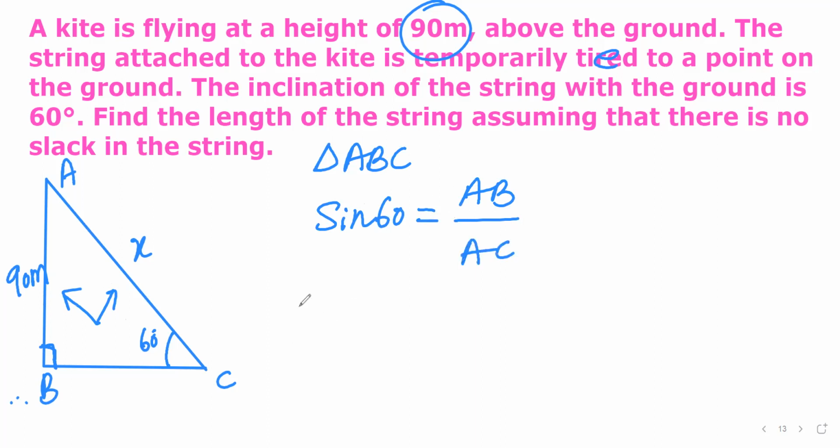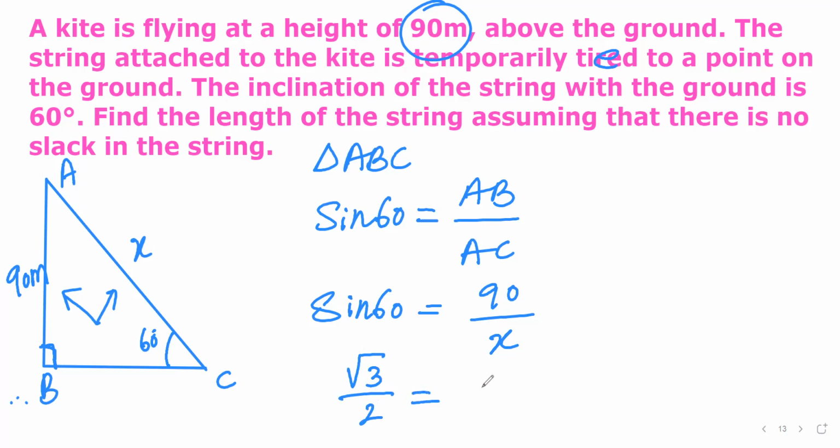Sine 60 equals opposite is 90 and hypotenuse is taken as x. So now sine 60 can be taken as root 3 by 2 equals 90 divided by x.